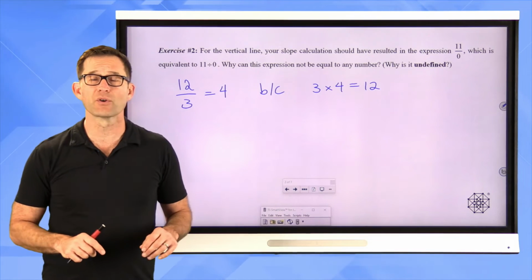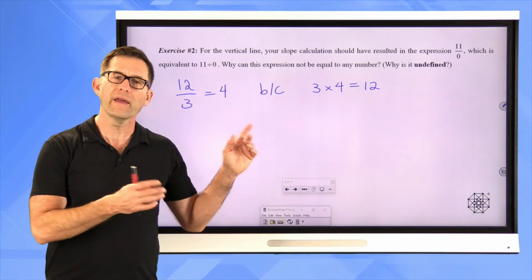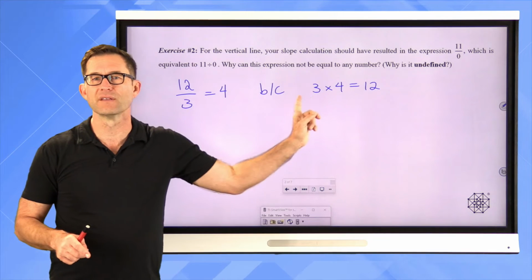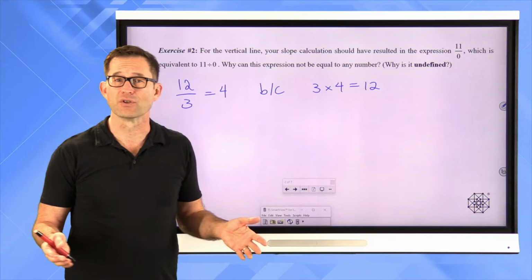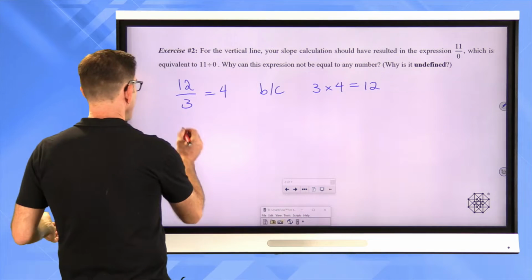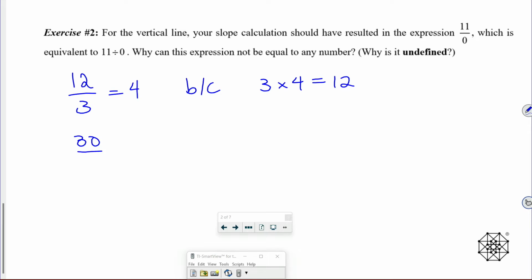And that's how you first come to grips with division: I know that this division is equal to that because this product is equal to that. And that works with all types of division. In other words, if I have something like 30 divided by 15 is equal to 2, that's because 15 times 2 is equal to 30.